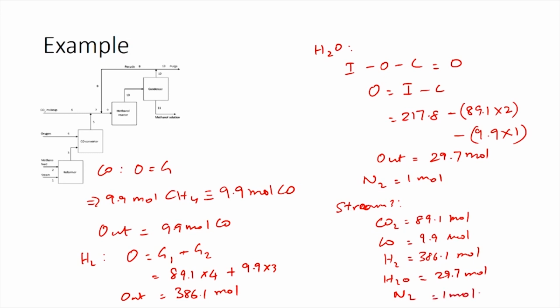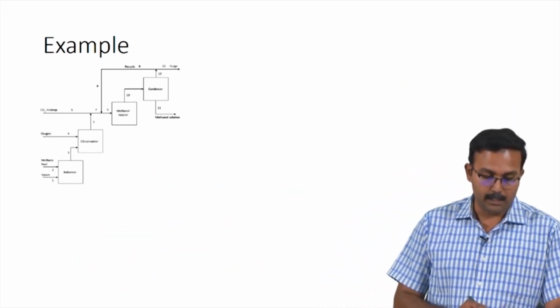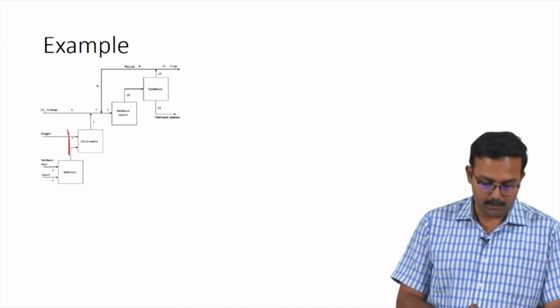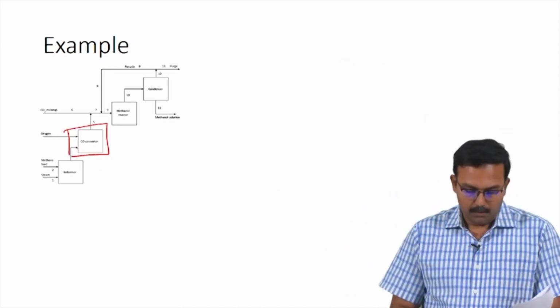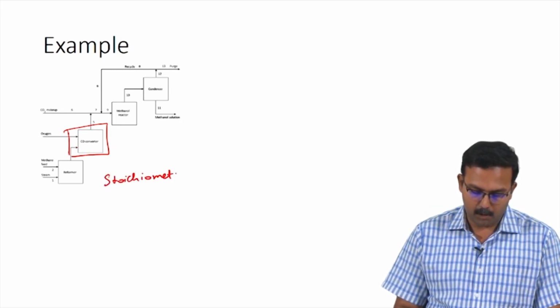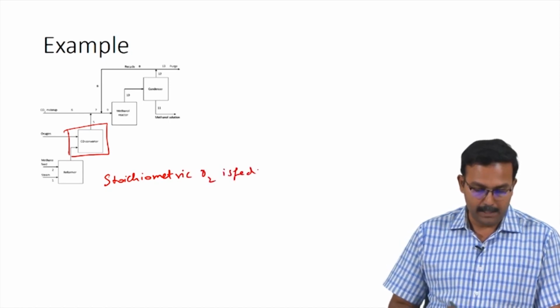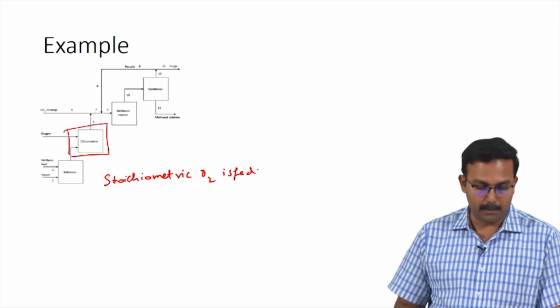So, now we have performed the calculations for the first system. The next system of interest would be the CO converter. For the CO converter, we have been told that stoichiometric requirement of oxygen is fed and there is complete conversion of carbon monoxide to carbon dioxide.